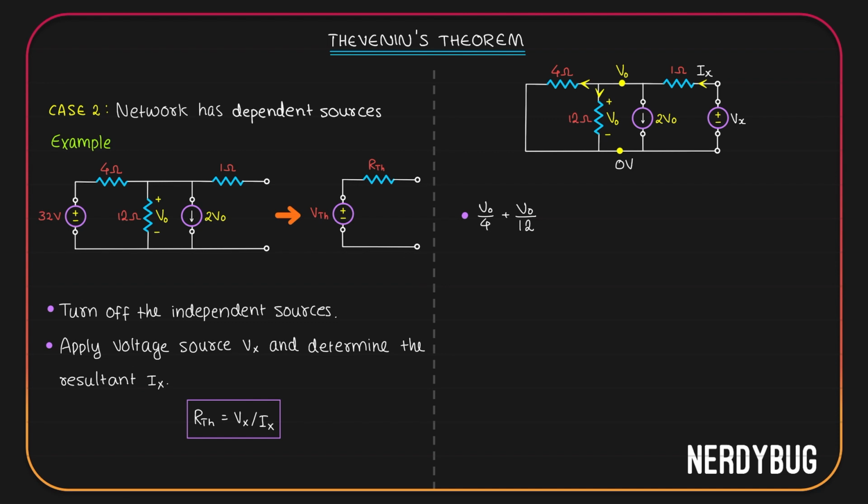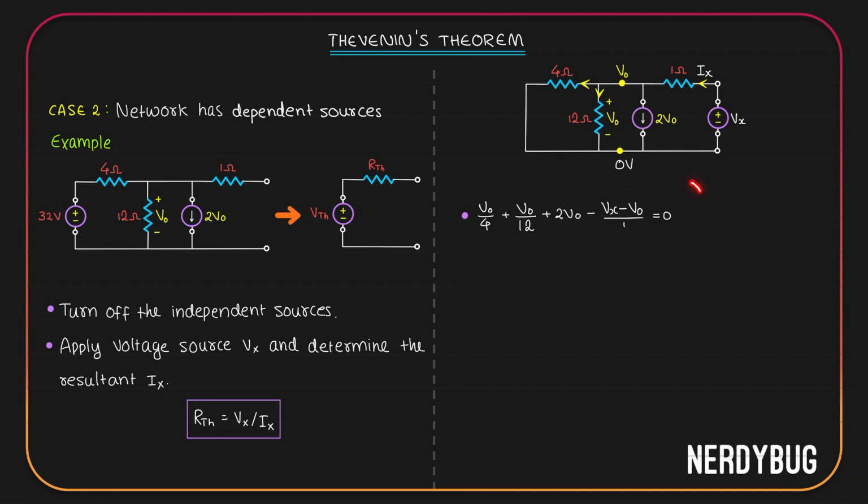We also have the 2 V0 provided by the dependent current source. Now, we have taken the direction of Ix to be into the node. So Ix will be Vx minus V0 divided by 1. Since it is coming into the node, I will take it as negative. According to Kirchhoff's current law, the net current has to be equal to 0.